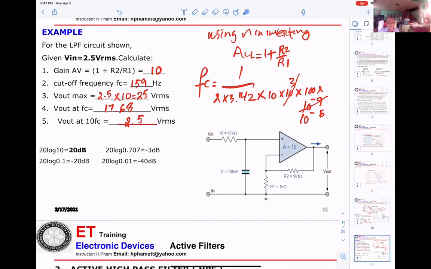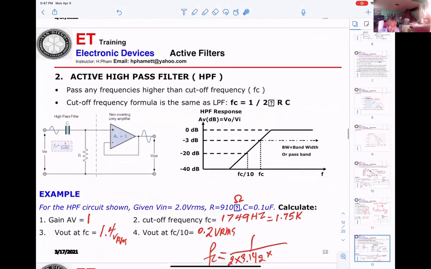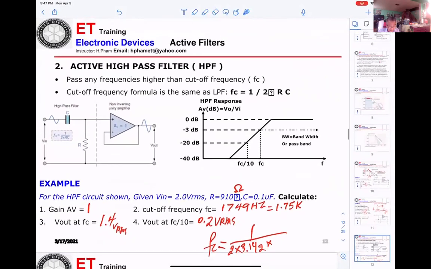If you understand the first one, the next filter will be easier. Same thing. Now, this is a high pass filter. A high pass filter passes any frequency higher than FC.